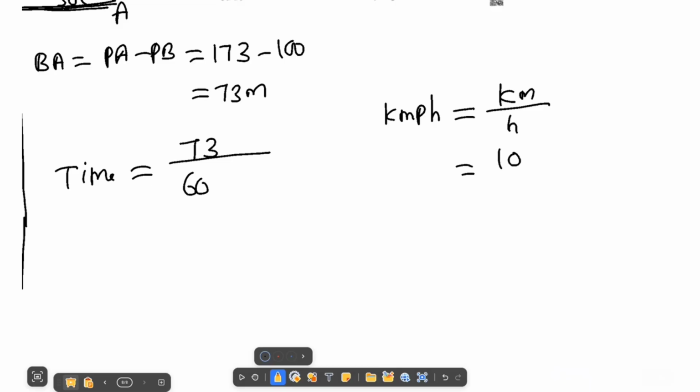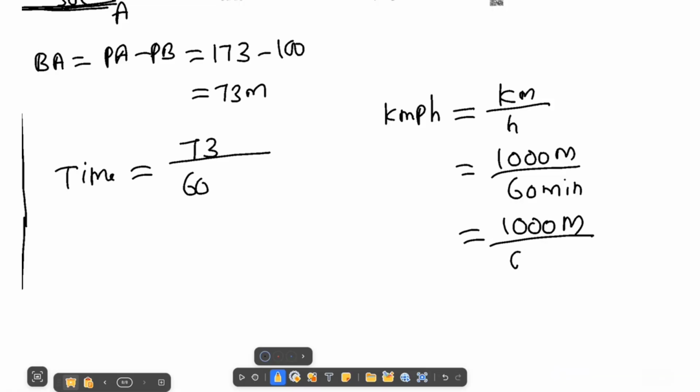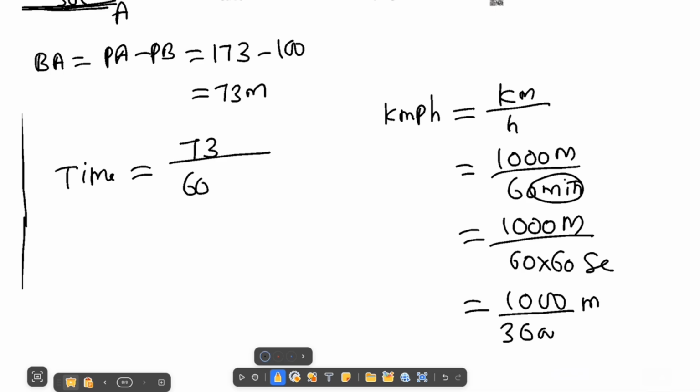Kilometer means how many meters? 1000 meters. 1 hour is equal to how many seconds? 1 hour is equal to 60 minutes, 60 into 60 seconds. Now it is equal to 1000 by 3600 meters per second.